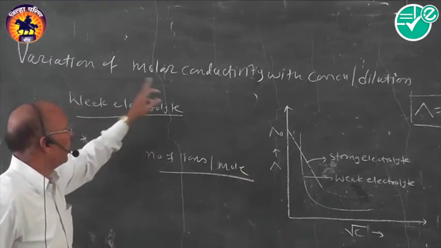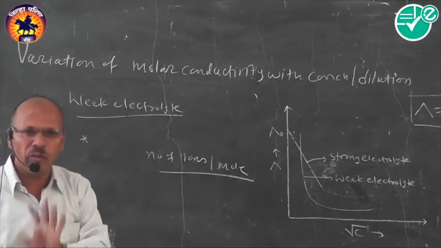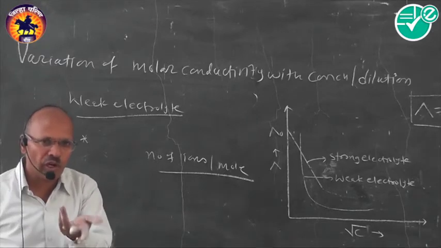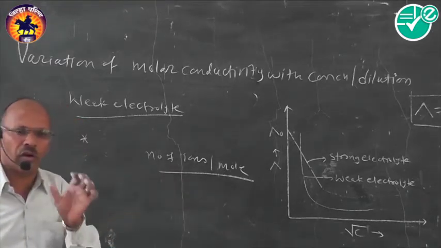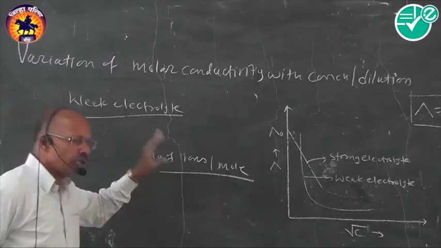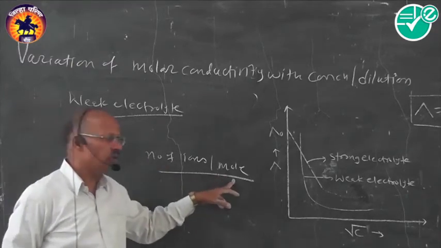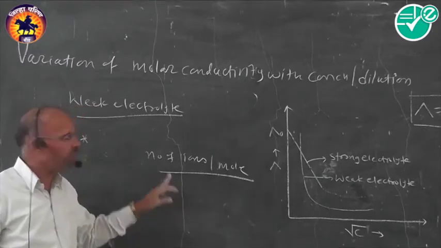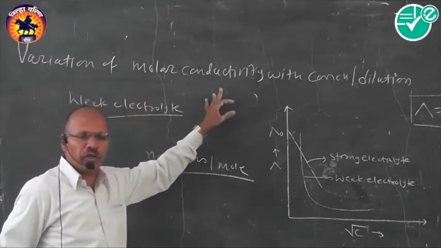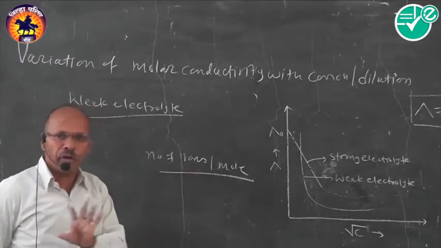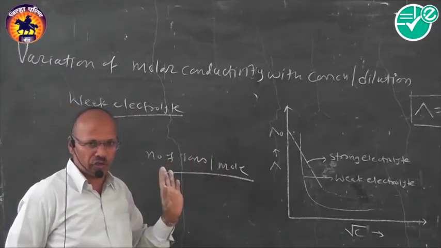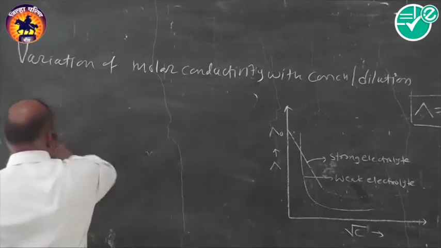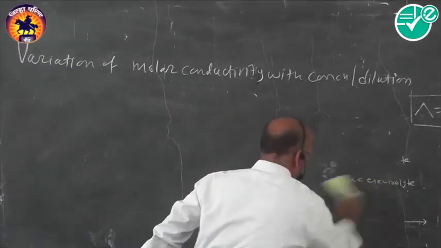On the contrary, the conductivity of the solution always depends upon the number of ions per unit volume of the solution. This is the basic difference you have to remember about the variation of molar conductivity and the variation of conductivity with dilution.